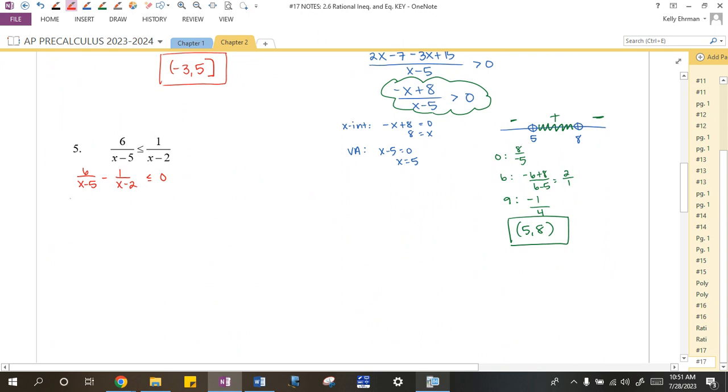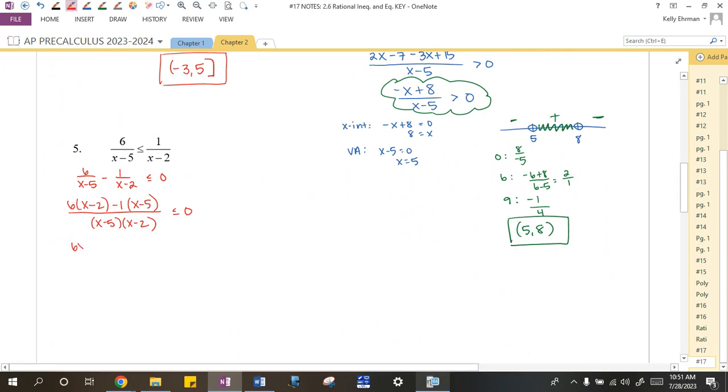We need to get this to one fraction, so 6 is going to get multiplied by x minus 2. Negative 1 is going to get multiplied by x minus 5, so that they both are over this common denominator, x minus 5, x minus 2. And we're still saying this is less than or equal to 0. I should be putting equal sign. Oh, no, I shouldn't. What am I doing? No equal signs. These are inequalities.